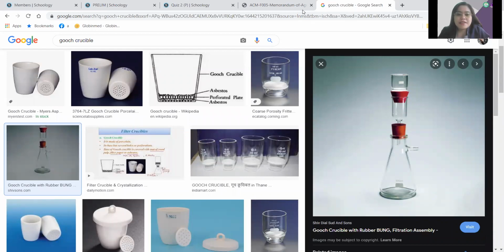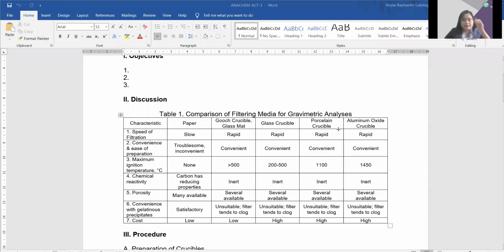So again, parehas lang ng mukha kay crucible and cover. So these are all the filtering media for our laboratory procedures in analytical chemistry.